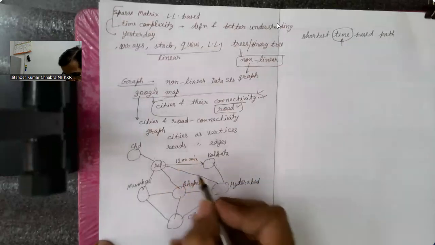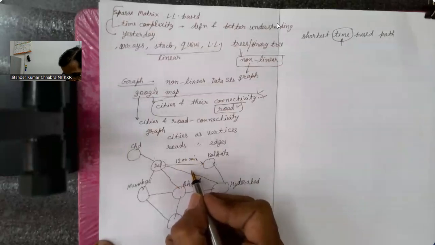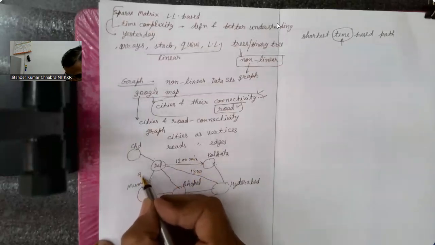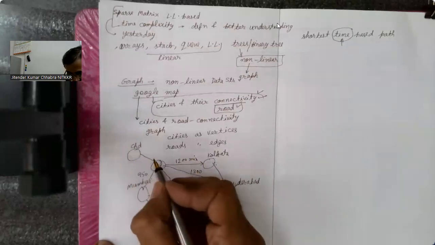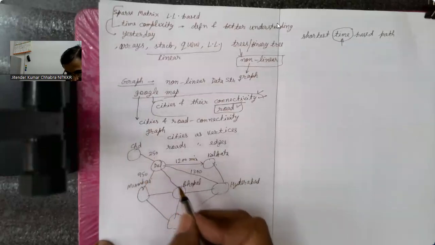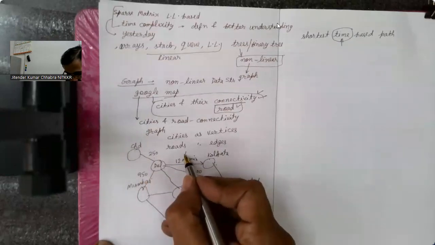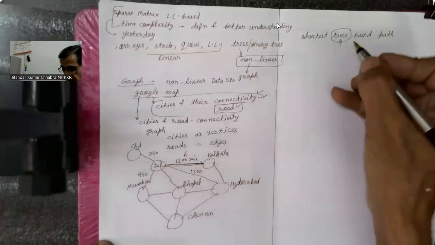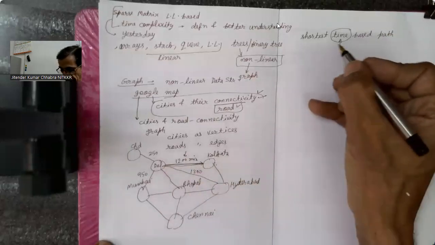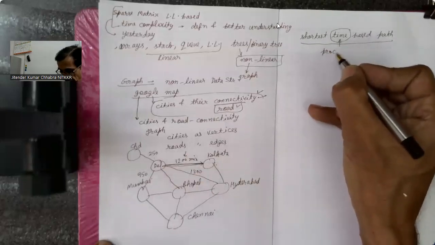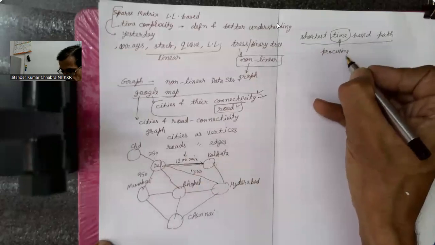Delhi to Hyderabad takes 1300 minutes, Delhi to Mumbai 950 minutes, Delhi to Chandigarh 250 minutes, and like that. So there is information about each edge. All that information is used for processing, with algorithms and logic.